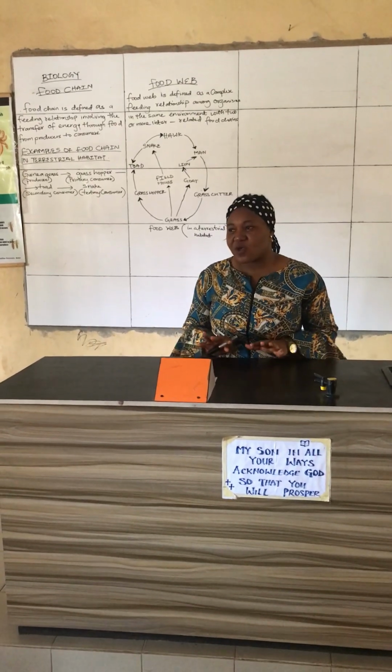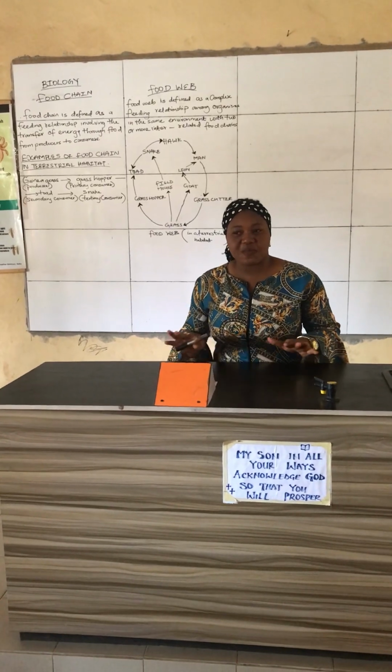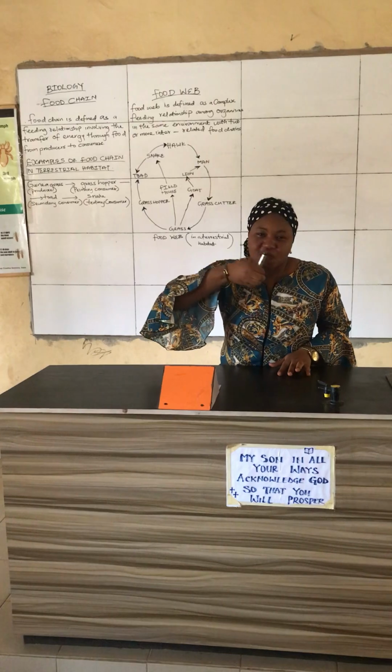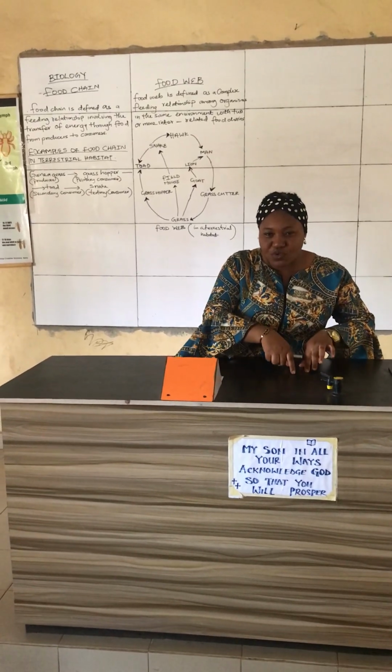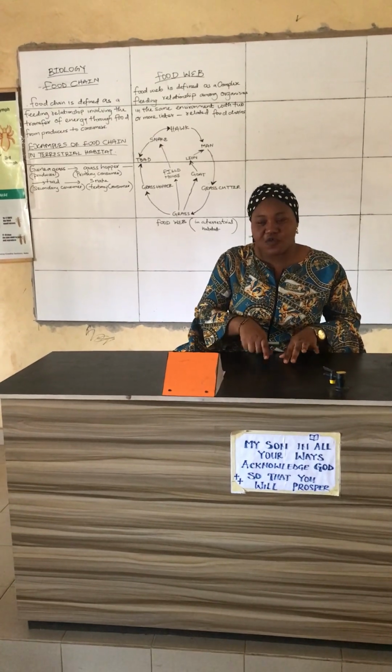And in our last class, we concluded that those producers are those organisms like plants and bacteria that manufacture food by themselves. The transfer of energy from that producer to consumer is what we call the food chain.